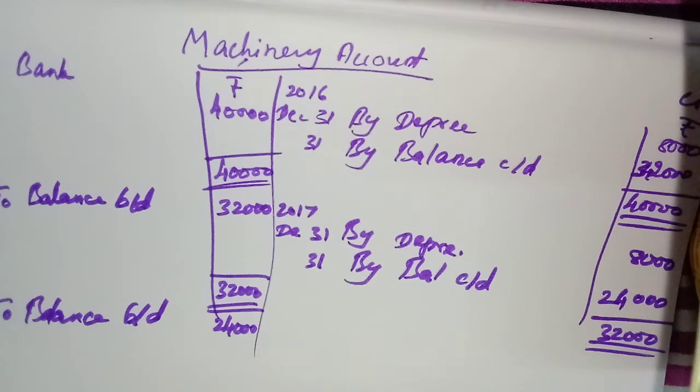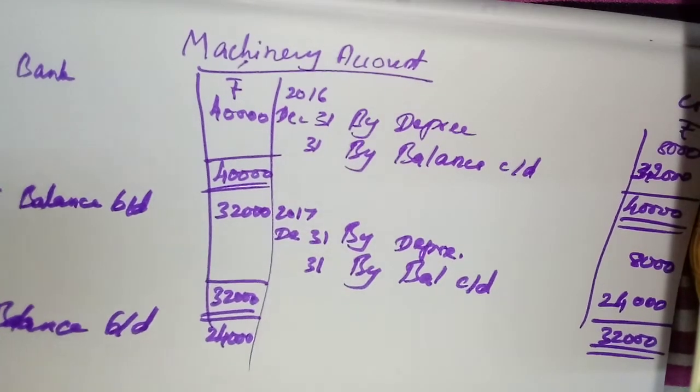Accounts are closed on 31st March every year. Calculate profit or loss on sale of machinery. Here the question asks to calculate profit or loss on sale of machinery. So we have to calculate the profit or loss. No need to prepare journal entries, no need to prepare accounts.